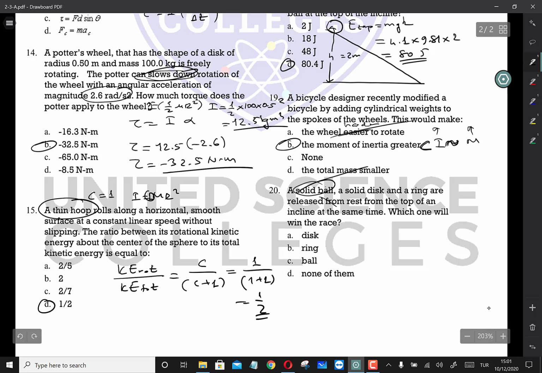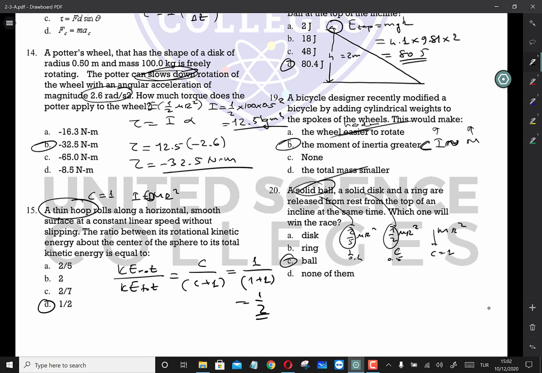A solid ball has c of 2/5 mr squared, so this is c for the solid ball. Solid disc is 1/2 mr squared, which is greater, because this is 0.4 and this is 0.5. But ring is mr squared. Ring has the greatest c, c is 1. That's why the solid ball is first. It's going to win the race.